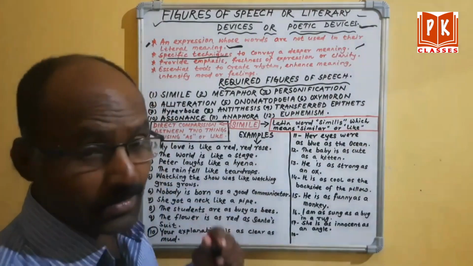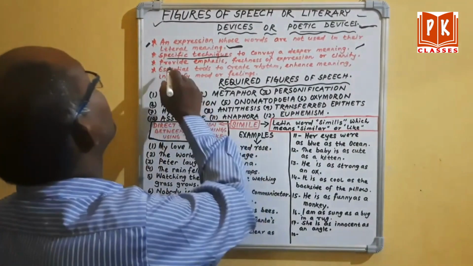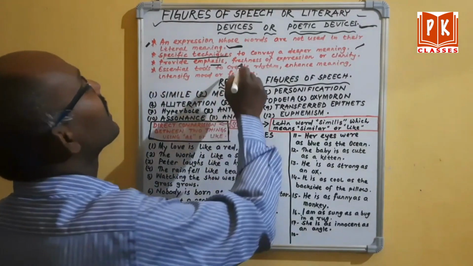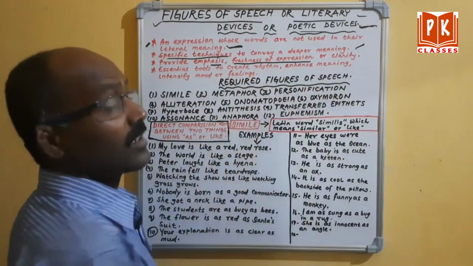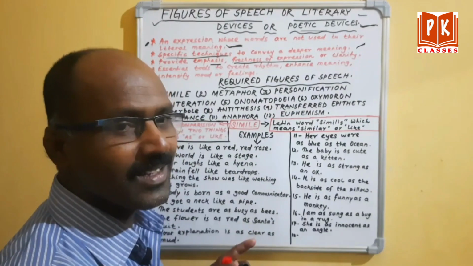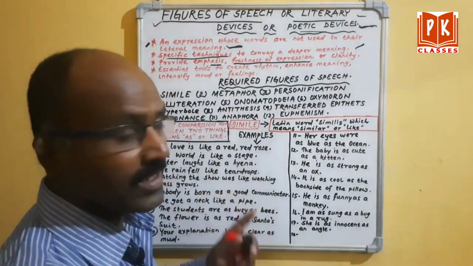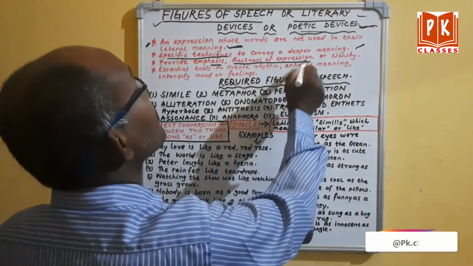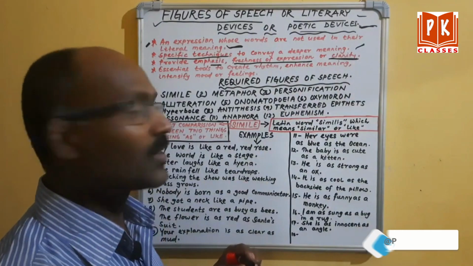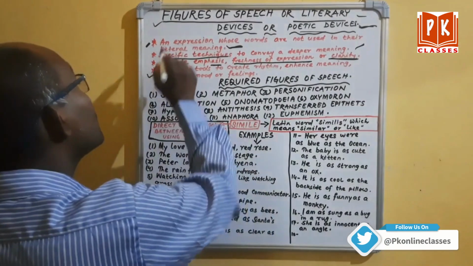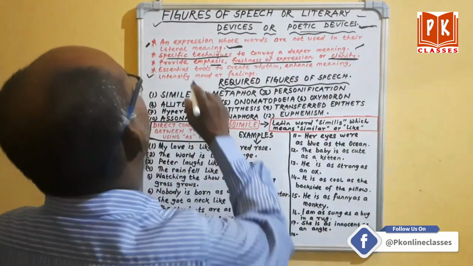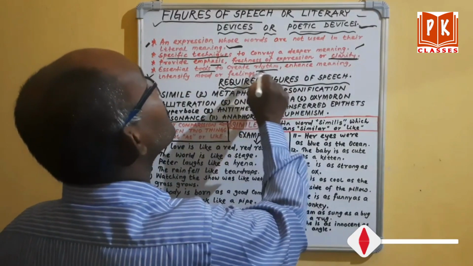What else does it give? It provides emphasis. It emphasizes the sentence and brings freshness of expression. If you have used a figure of speech in a sentence, a poem, a stanza or a line, you will get freshness of expression and clarity. Figures of speech are also tools to create rhythm.